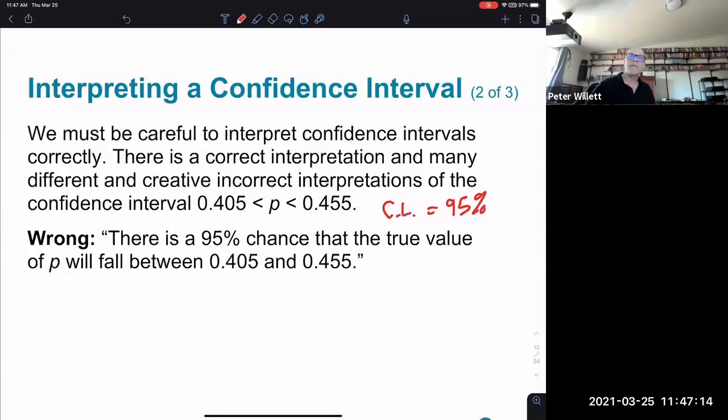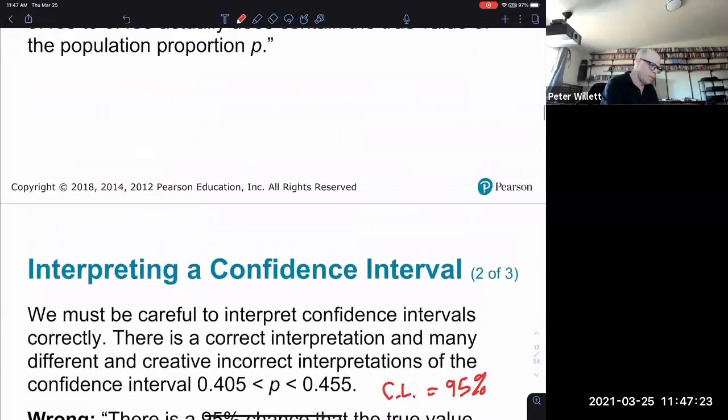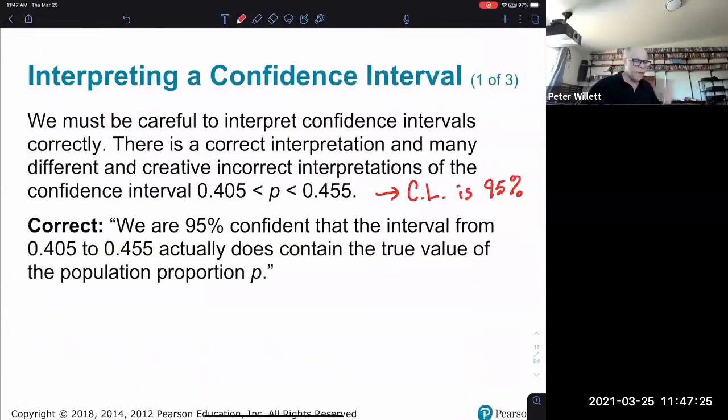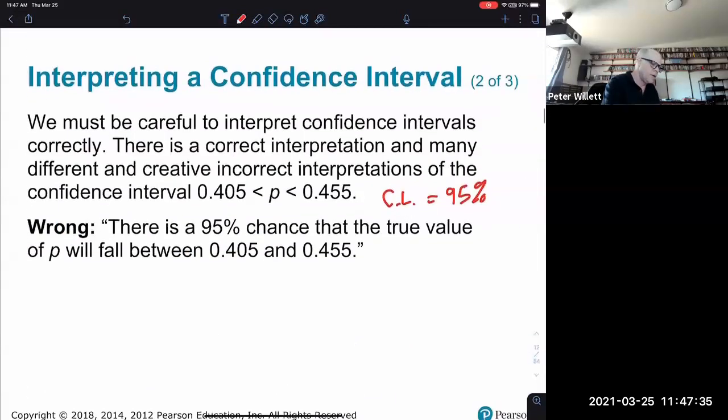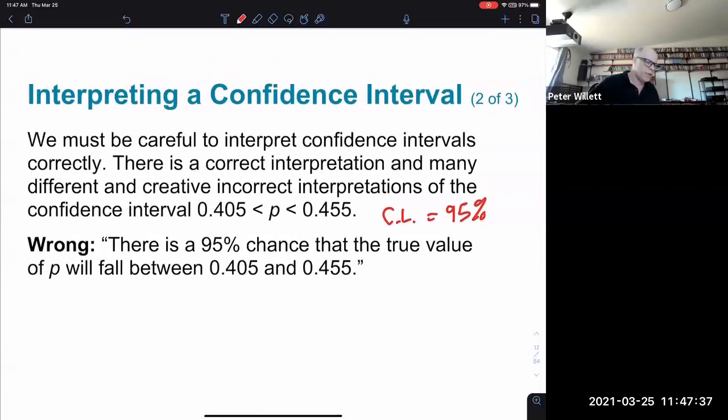Can you see the difference between the correct interpretation and this incorrect interpretation? The correct one says we're 95% confident that the interval actually does contain the true value of the population proportion. And the incorrect statement says there's a 95% chance that the true value of P will fall in that interval.